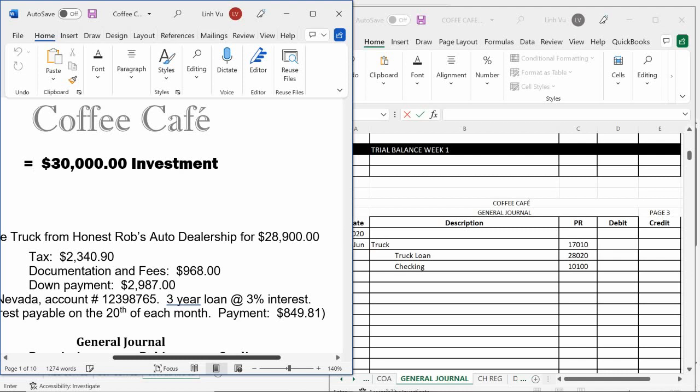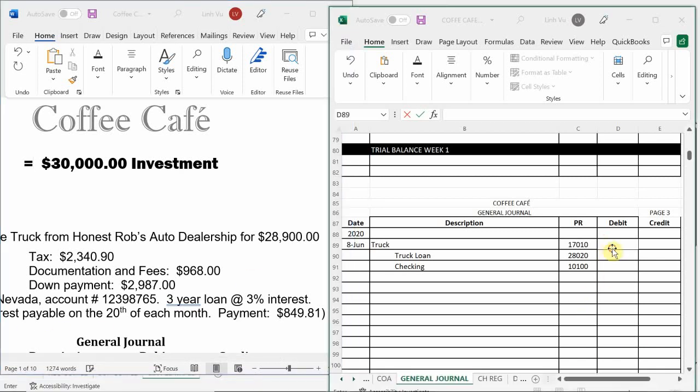So if I do my calculations here, my truck is 28,900 plus the tax of 2,340.90 plus $968.